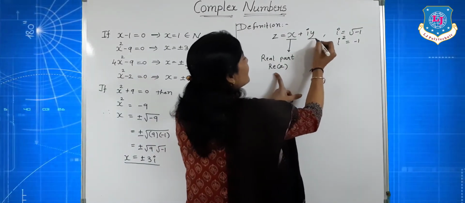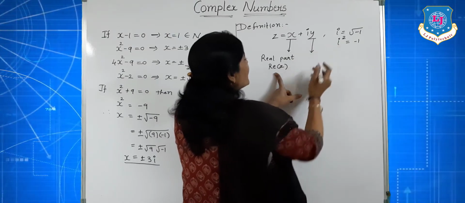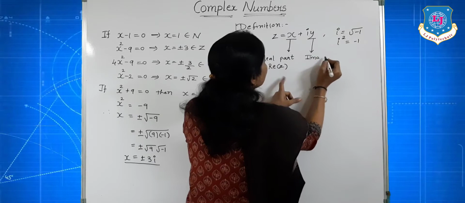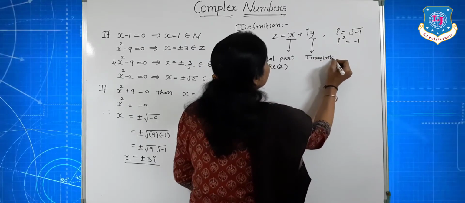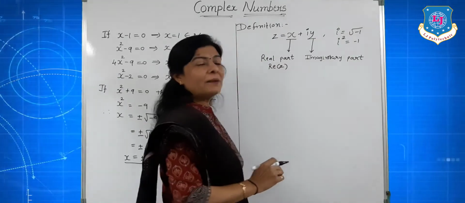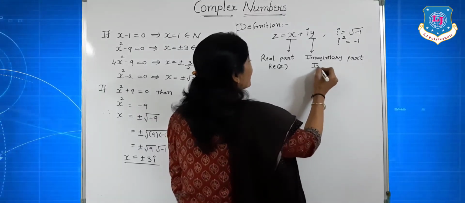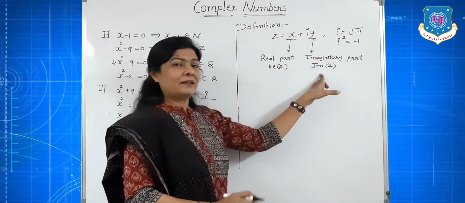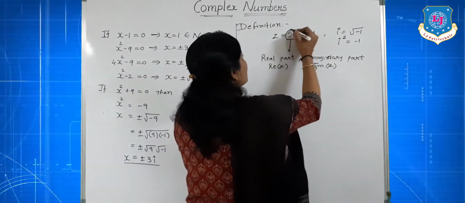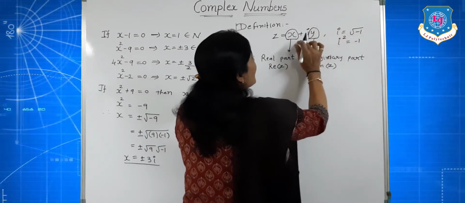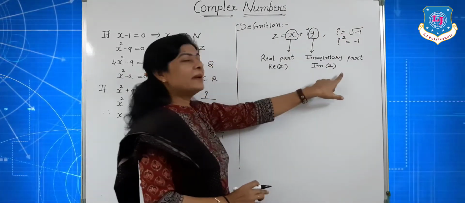And y is the imaginary part, which is denoted by Im, imaginary part of z. So x is the real part of z and y, means i का coefficient, is the imaginary part of z.